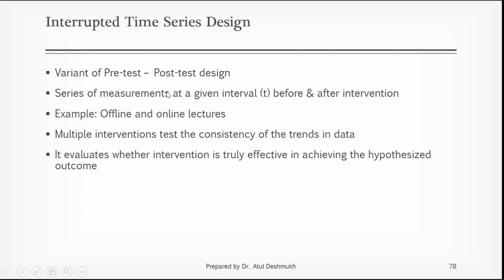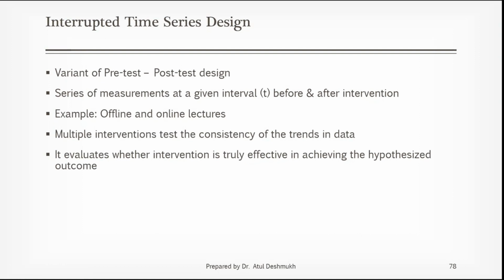Okay. So it is a variant of pre-test and post-test design because we conduct pre-test or baseline observations. We have our intervention, and after our intervention, post-test readings are taken and those are compared. Hence, it is called a variant of pre-test and post-test design. Series of measurements at given interval. So we have an interval of t.